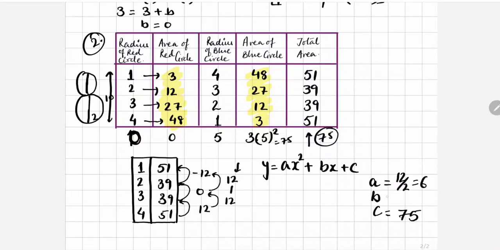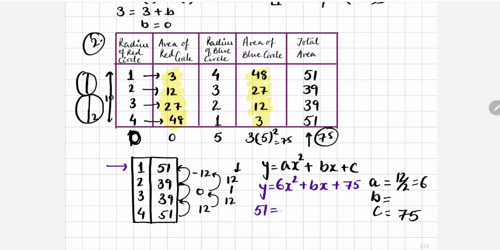Now b, again we have to substitute the values. So this is now equal to 6x square plus bx, which we don't know yet, whereas c is 75. Now we can substitute any of the values, right? Let's start with the 1, that's easy.